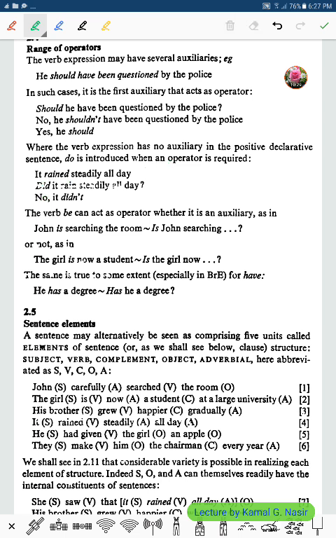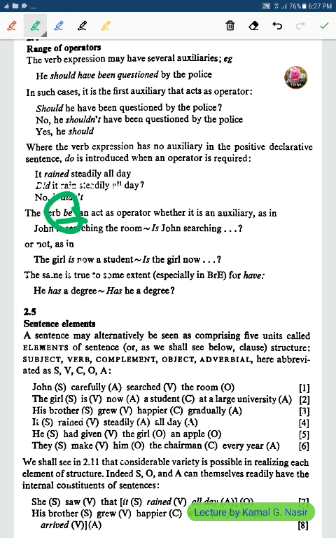Also, a question using did should be answered by yes or no. So what do you say? You say no, it didn't. The third auxiliary verb is be. Be is the basic form of be, is, are, was, were.